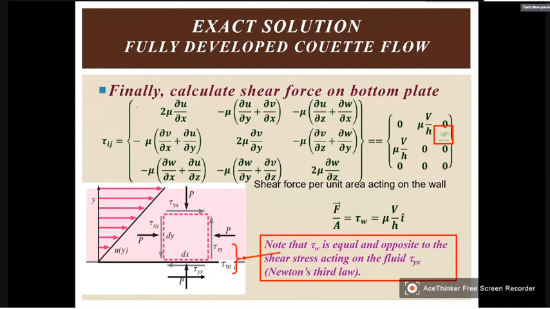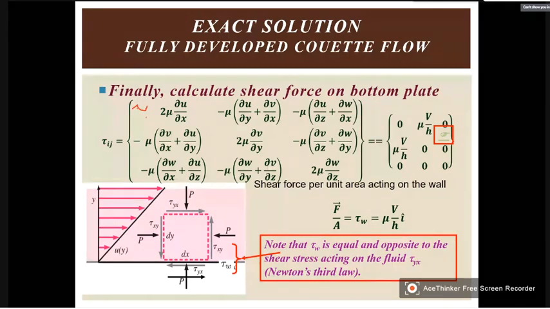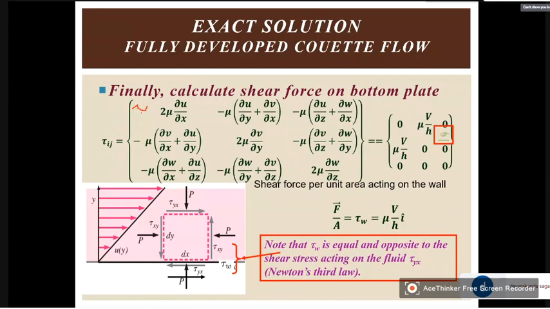So this is tau, all are taus, so I am eliminating writing that. The second index is always x. This is x, y, z. So the second term is x, x, x.